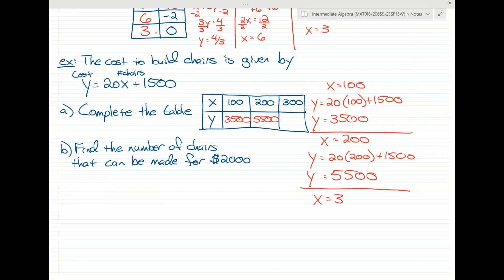And then if x is 300, 20 times 300 plus 1500 is 7500.